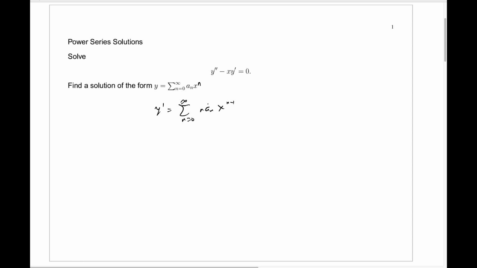Again, the n equals 0 term is 0, so if we want, we can shift the index and write this as the sum from n equals 0 to infinity of n plus 1 times a sub n plus 1 x to the n.